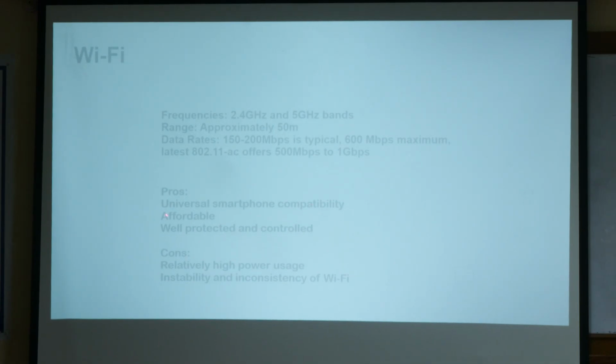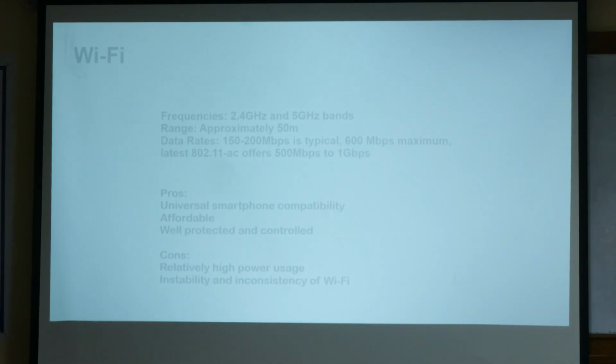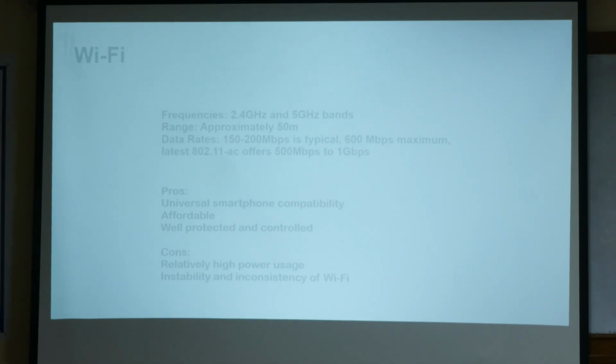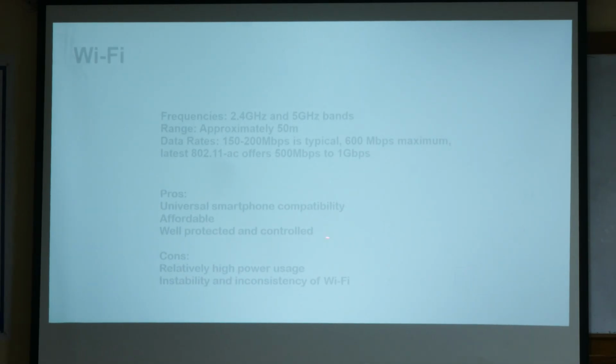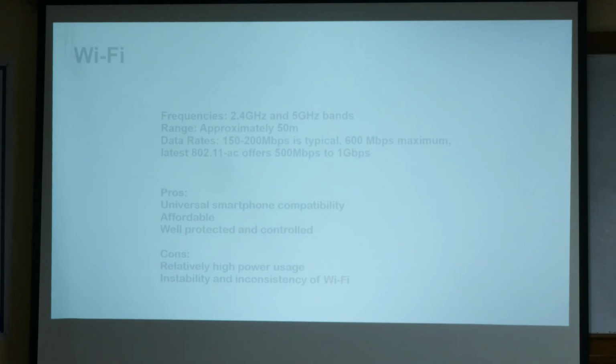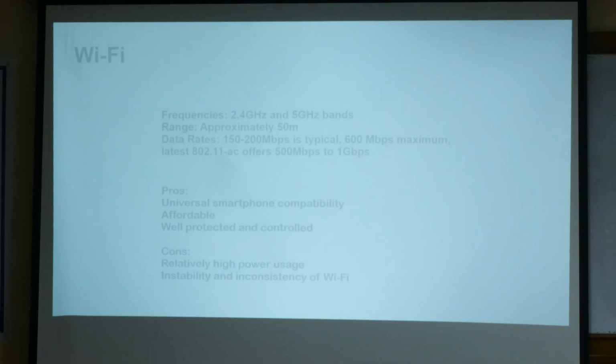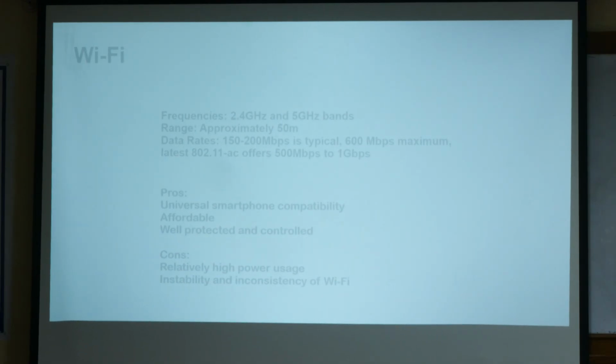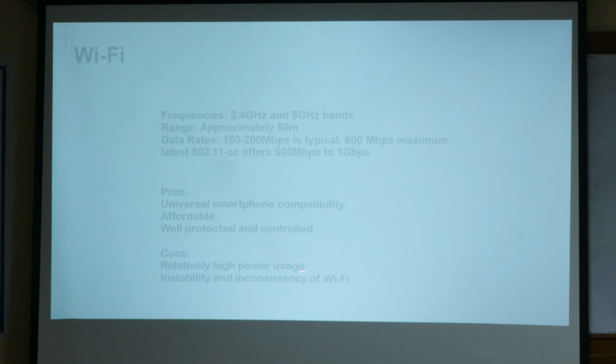All the smartphones are compatible with it, affordable, and well protected and controlled. All of you know that we have WPA2 sitting on that, and you can use that comfortably. And it uses high power. You need the power supply always on. You cannot run it on battery also. If you run it on battery, it can only stay for 5 or 10 minutes. It cannot stay more than that.